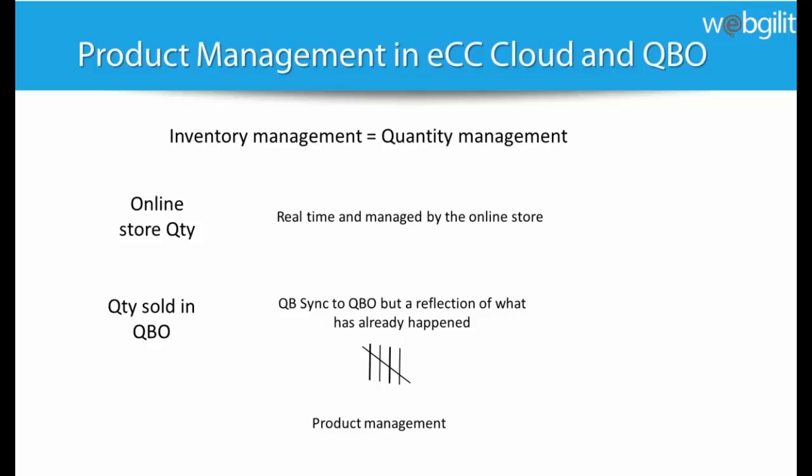Using and understanding that will really give you insight into how QuickBooks Online can count and how that can be done. Now, I actually am going to go into the product and show you these rules that can be utilized within eCC Cloud to give you insight as to how to set this up.